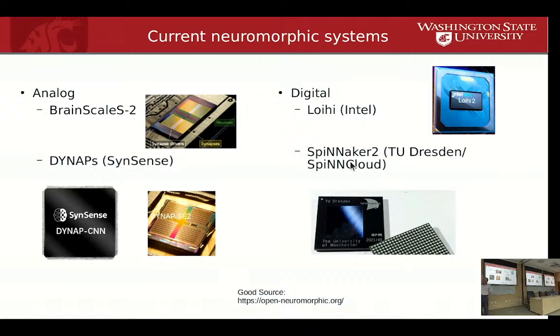Loihi is from Intel. SpiNNaker 2 started as an academic research enterprise, and then a company was spun off, SpiNNcloud, that is planning to use it and already has some use cases as a commercial enterprise.